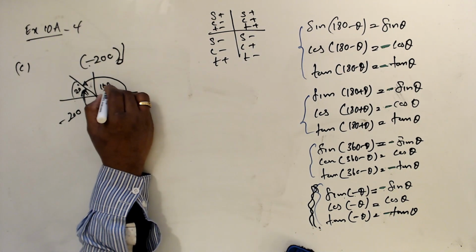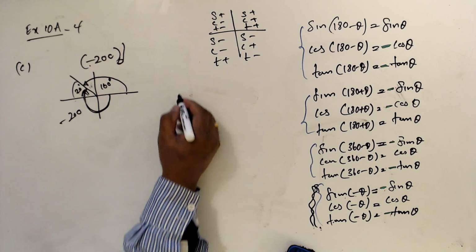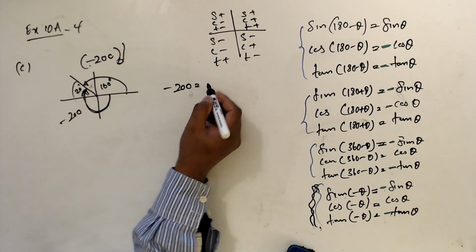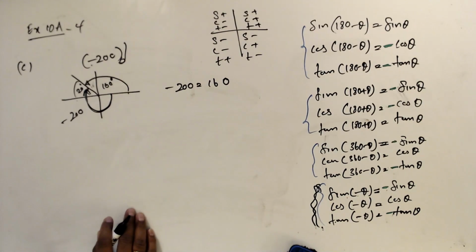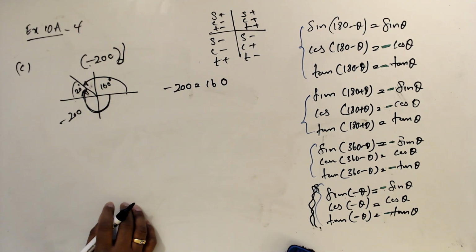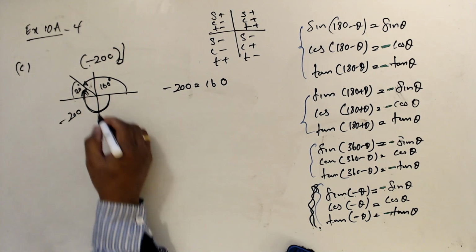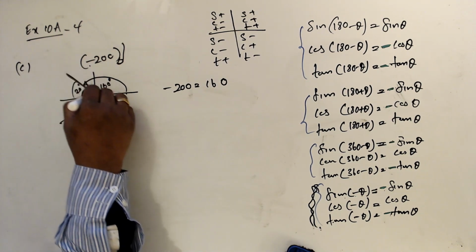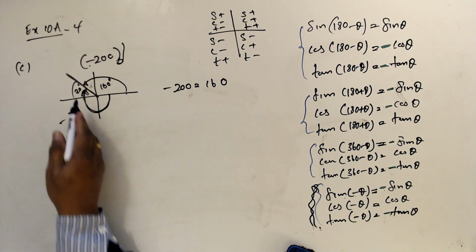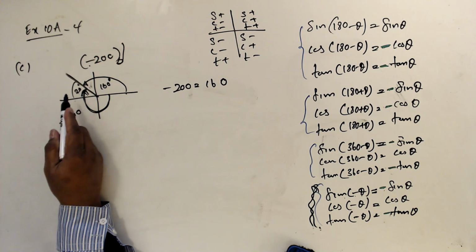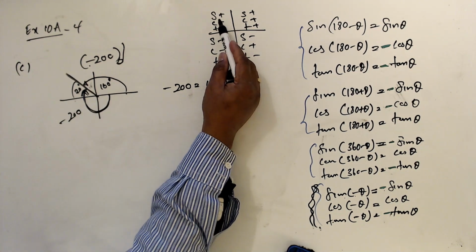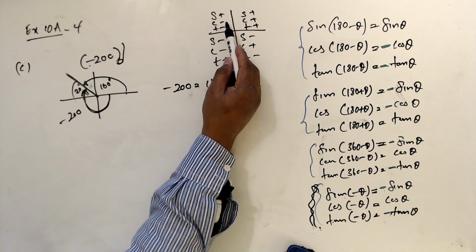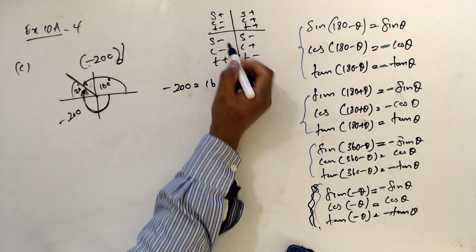So this is 160. So instead of minus 200, now you can deal with positive 160, which is good. But this hypotenuse location is still the same. So which quadrant is it in? It is in the second quadrant. In the second quadrant, sine is positive, cos is negative, tan is negative.